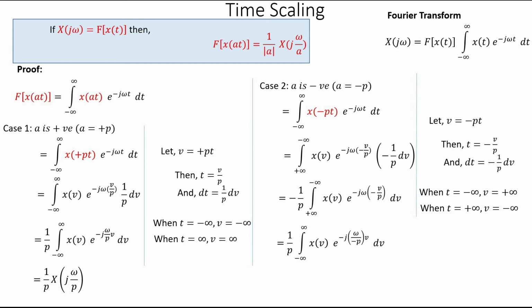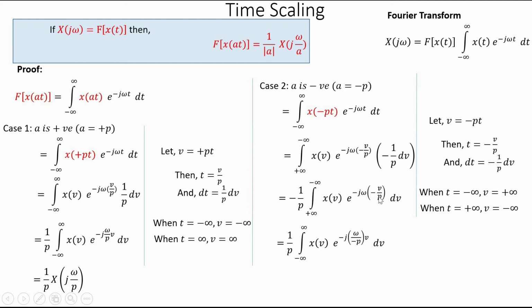So this is actually minus integral plus infinity to minus infinity, and when the limits are changed it becomes integral minus infinity to plus infinity, the minus sign goes away. Then this becomes x of v, e raised to minus j omega by minus p into v.